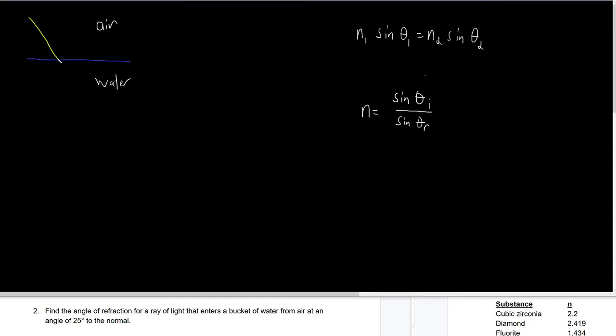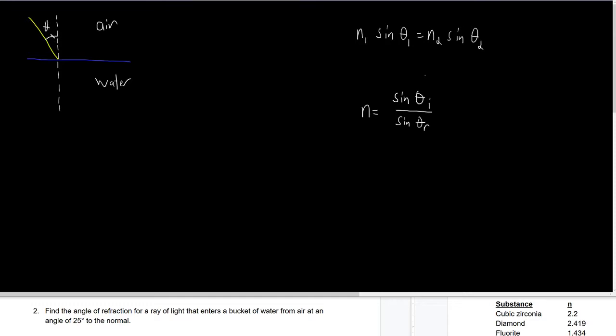The way they measure that angle is not from the surface up to the ray. They consider there to be a 90 degree line, which would be a normal. So the angle they're really concerned with is this angle right here.